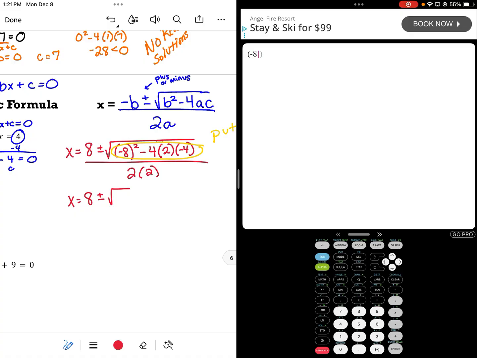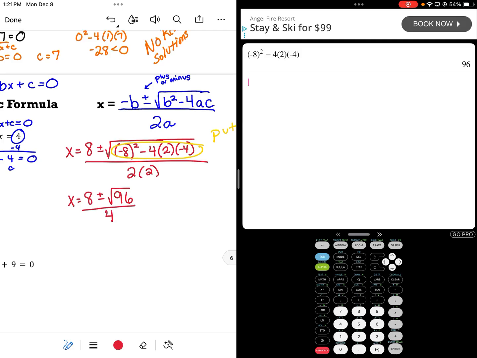So this is going to be negative 8 squared minus 4 times 2 times negative 4. Yep, it is 96.